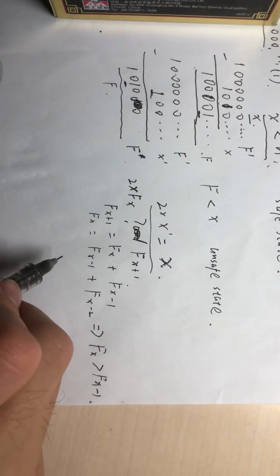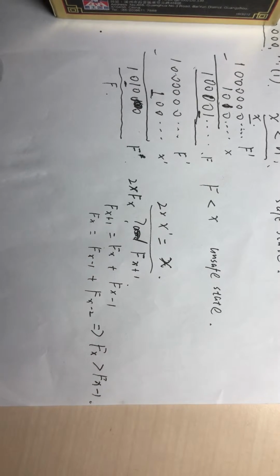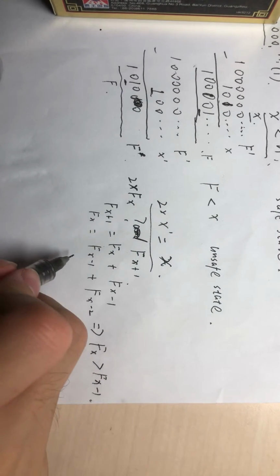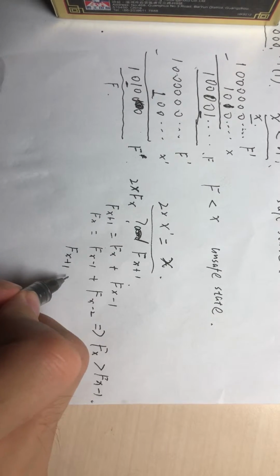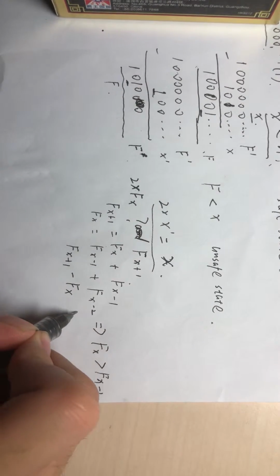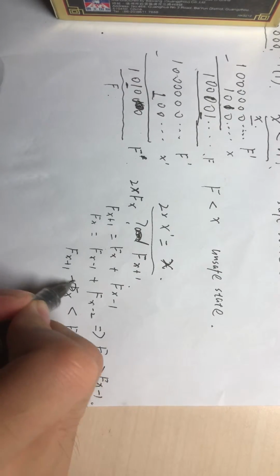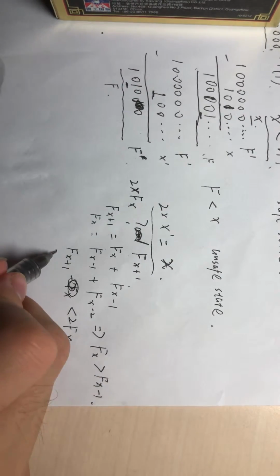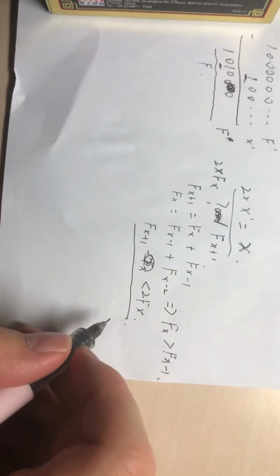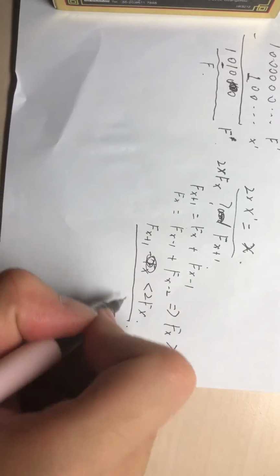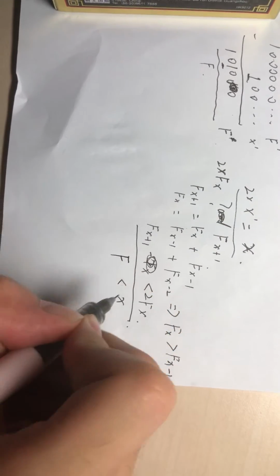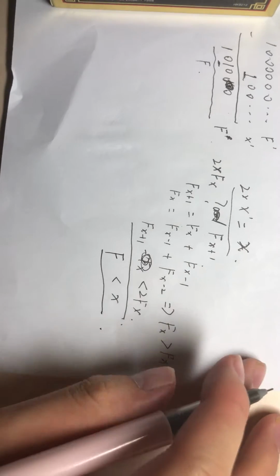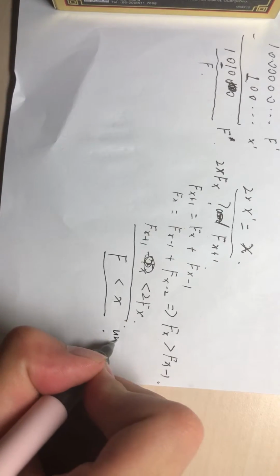So fx plus 1 minus fx is smaller than fx. Fx plus 1 is smaller than 2 multiply fx, so x is bigger than f, so it's an unsafe state.